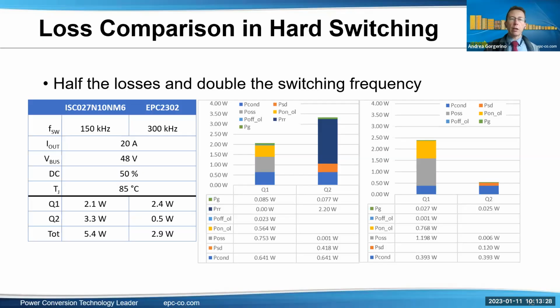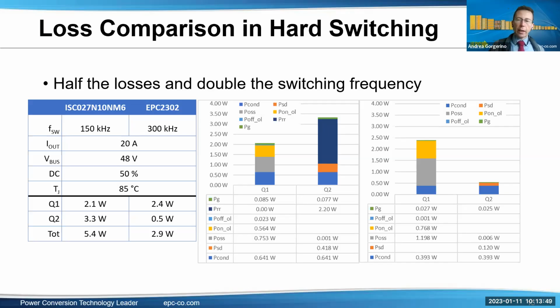I'm comparing here the Optimus 6 device against the QFN EPC 2302. The silicon device is operating at 150 kilohertz. The GaN FET is operating at double the switching frequency, 300 kilohertz. The other conditions are the same. And you can see the losses are almost half of the losses of the silicon.